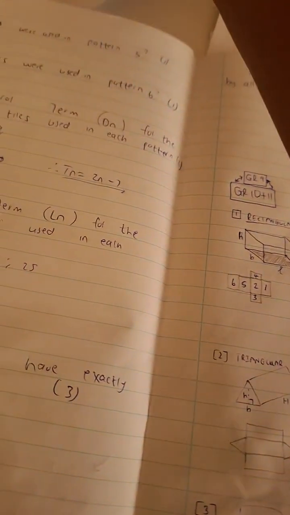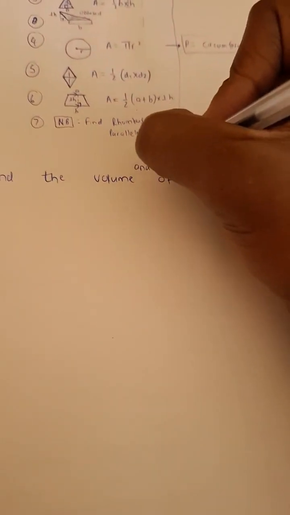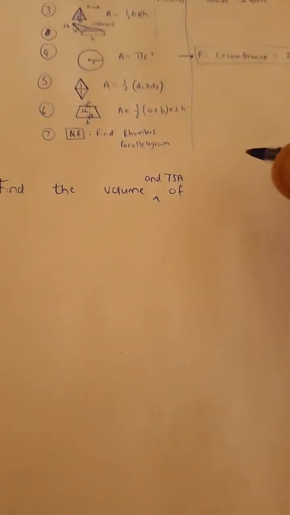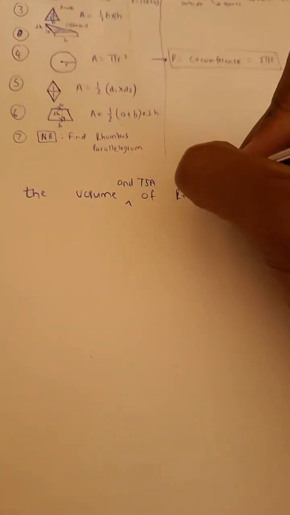to a brief quick example. Here in the question we are asked to find the volume and the total surface area of a rectangular prism.